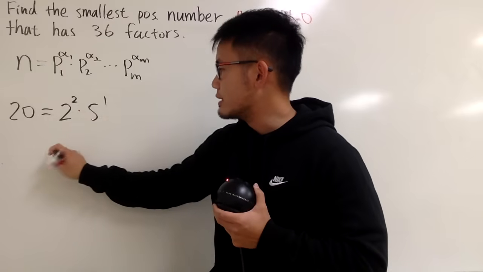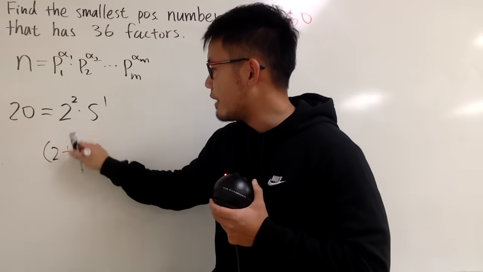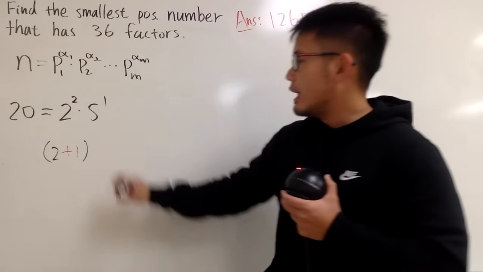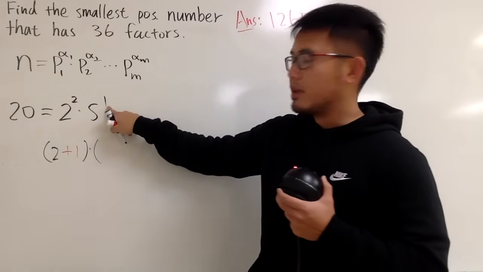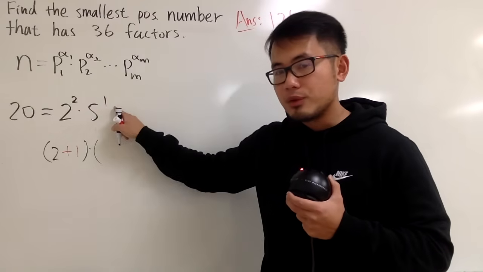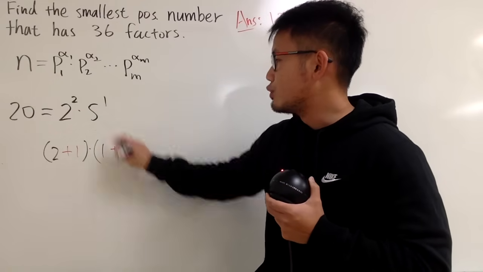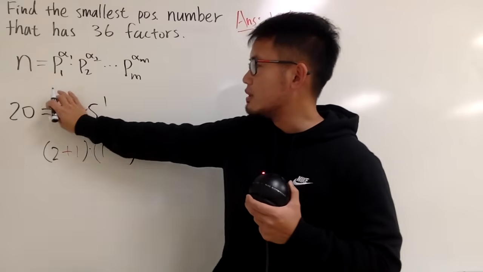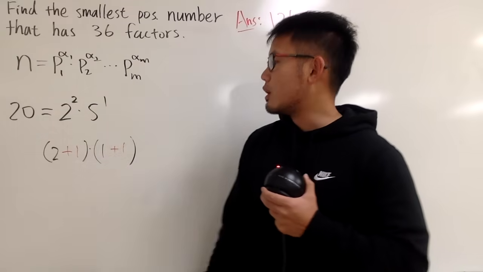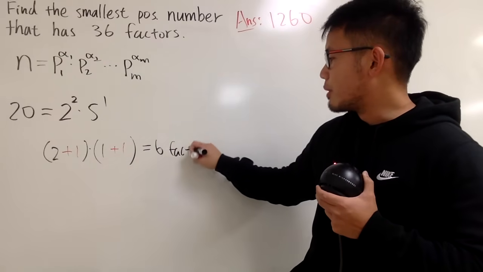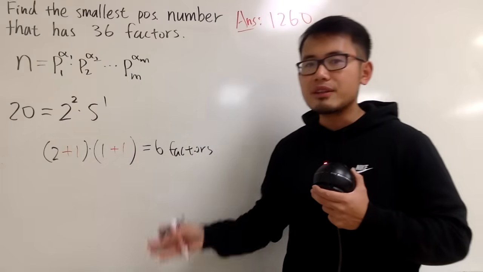The first thing you do is you take 2 and add 1, and you multiply by 1 plus 1, because the power on the 5 goes from 0 up to 1. So you have 2 choices from the 5s and 3 choices from the power of 2. You multiply this, you get 6. So the number 20 has 6 factors.